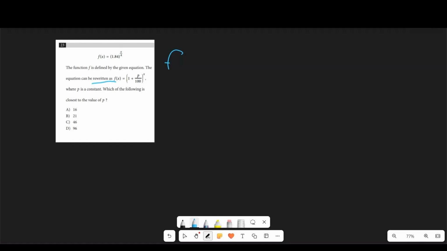So we have our equation, f of x is equal to 1.84 all raised to the x over 4 power. So we can actually try and make this exponent only x. And the way we can do that is by remembering a certain property of numbers.